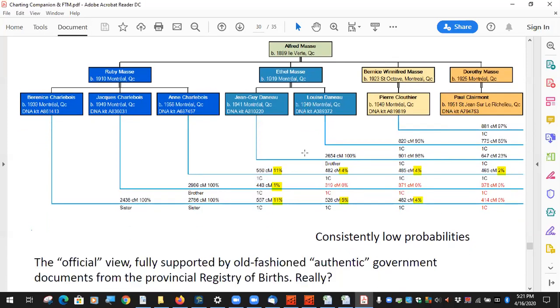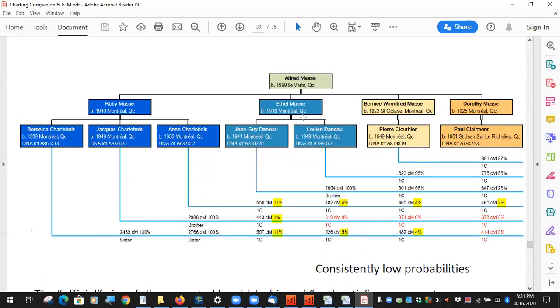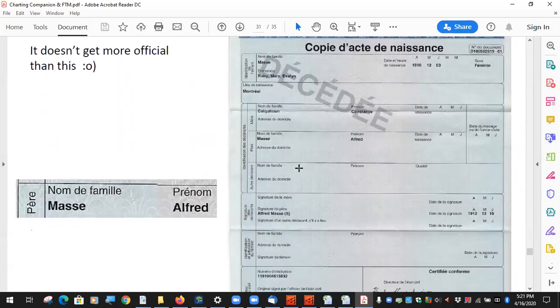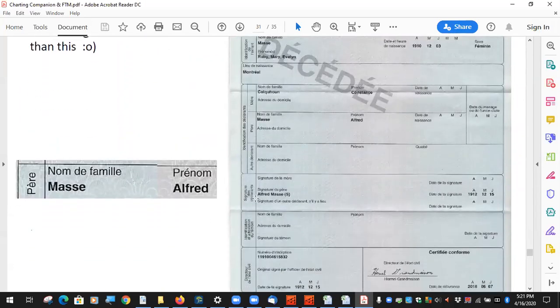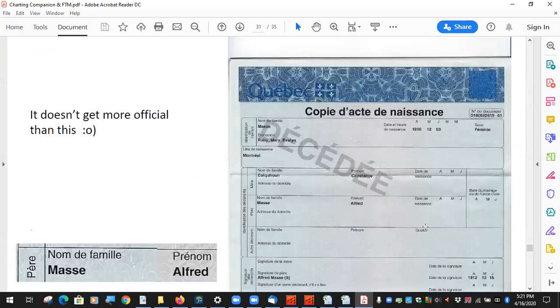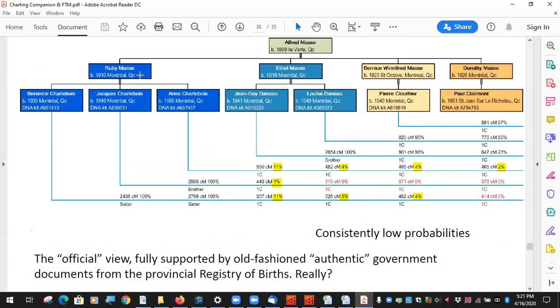And here I see it doesn't have the spouse, but here Alfred, and here they even have the birth certificate. The birth certificate even says Alfred is the father of Ruby.